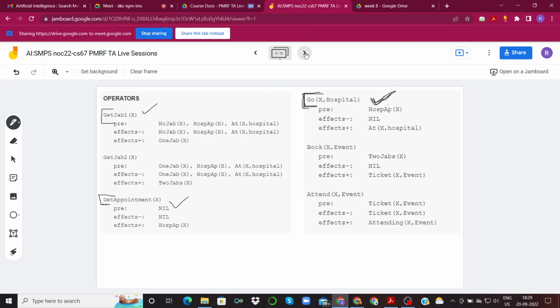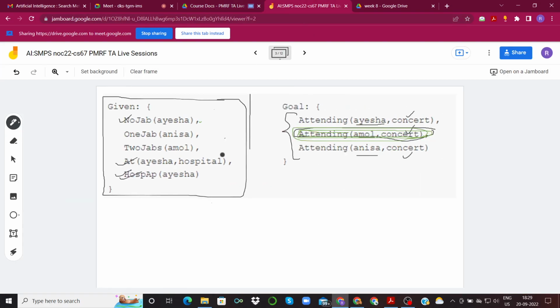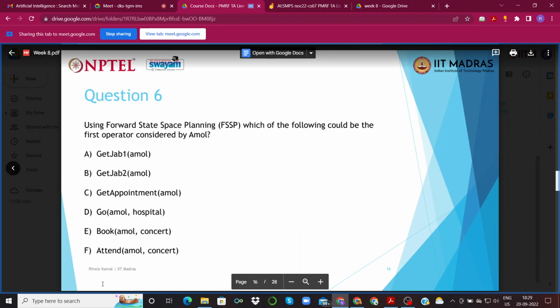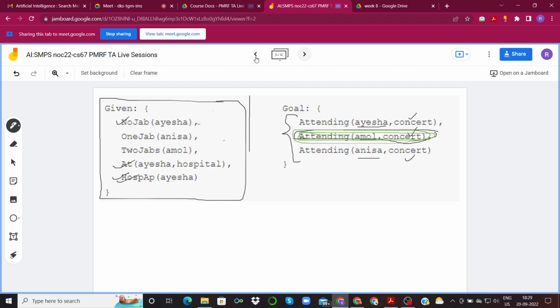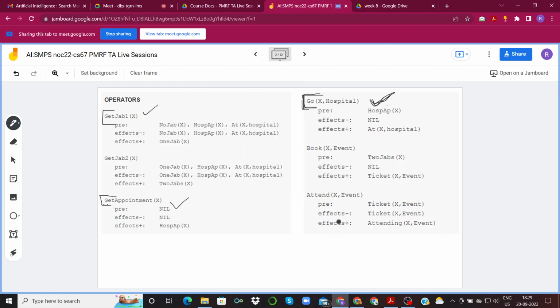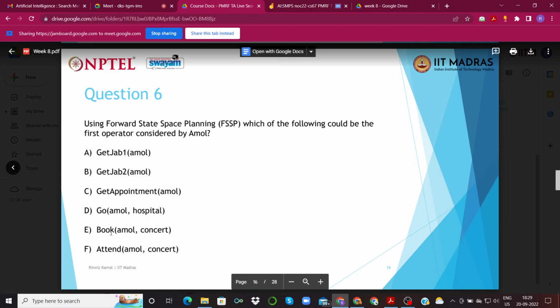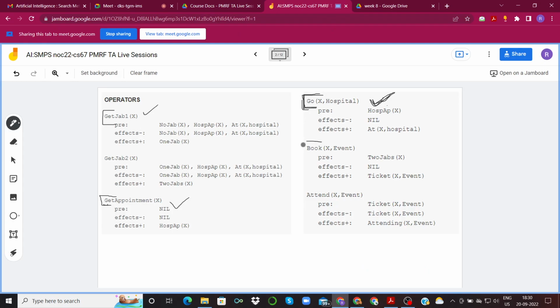E and F. Okay, so let's look at what the preconditions are for E and F, these two options that we had. E was book a ticket to a concert for Amol. The preconditions for this one, okay, let me remove the other one so that there's no confusion.